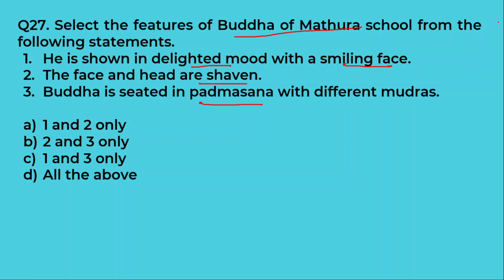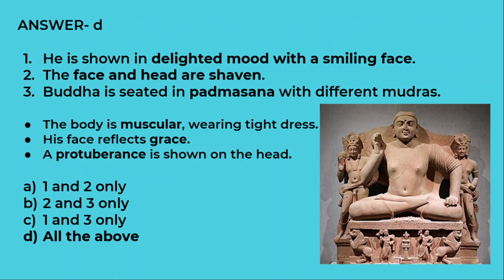All the three statements given here are correct in context to Buddha of Mathura school. So D option is the correct answer. Over here, he is shown in delighted mood with a smiling face, as you can see in the image also. And the face and head are shaven. In Gandhara school, the wavy hair was shown; the hair were wavy, they were not shaven.